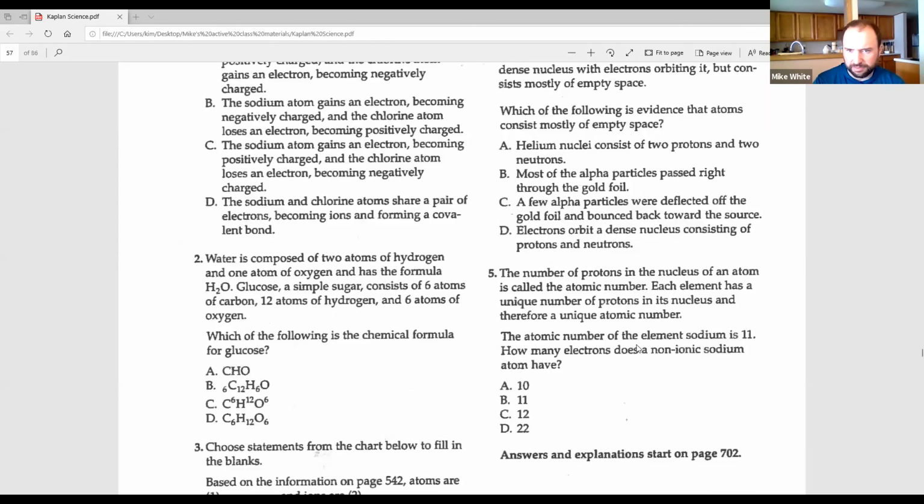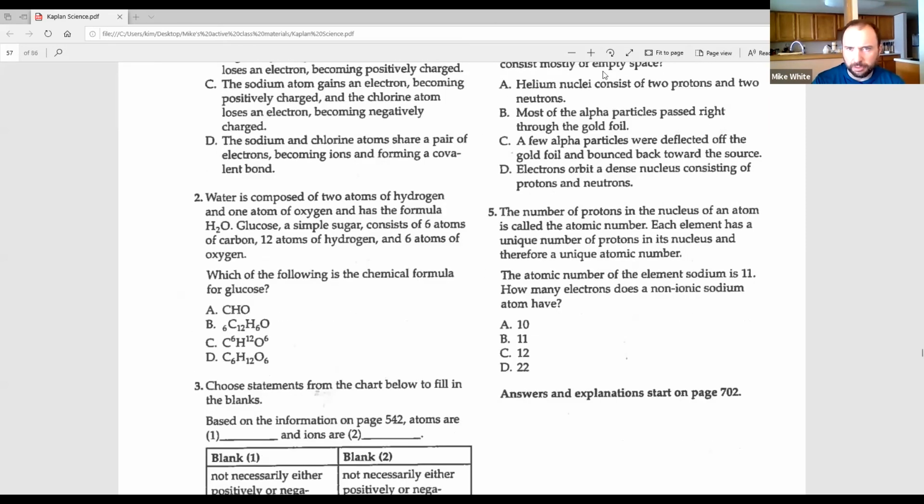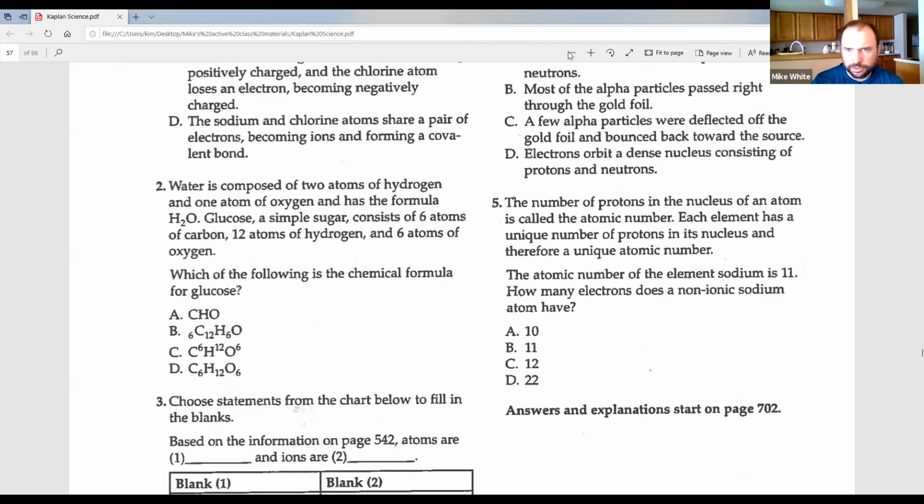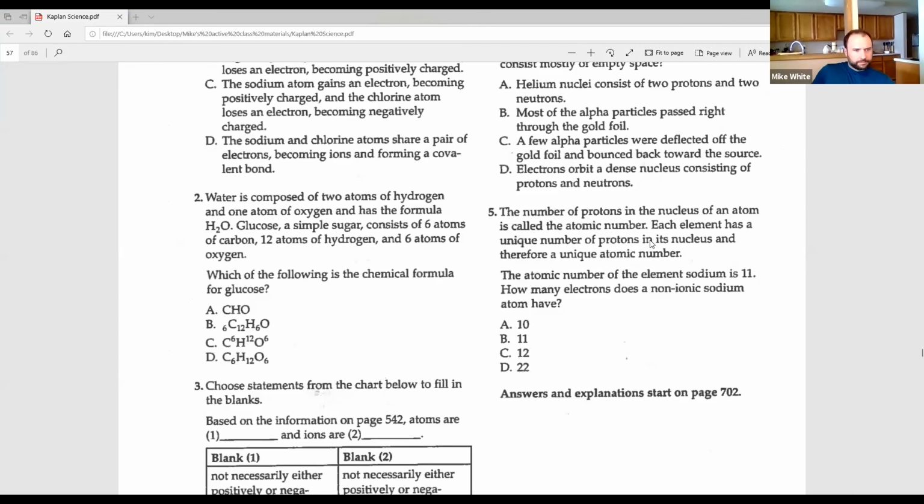Let's just do number 5. Number 5 is a little bit easier. Go ahead and read through number 5, and I'll give you a second.